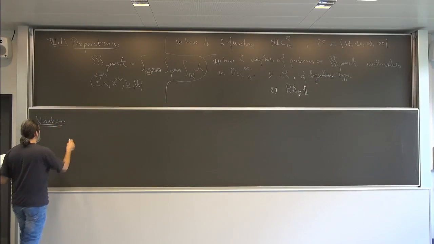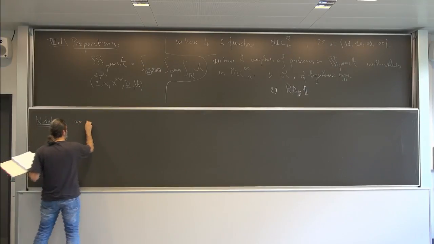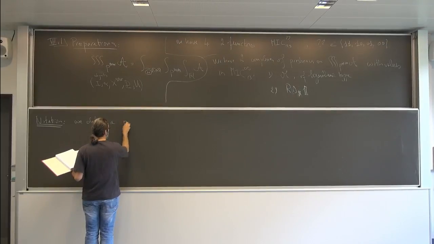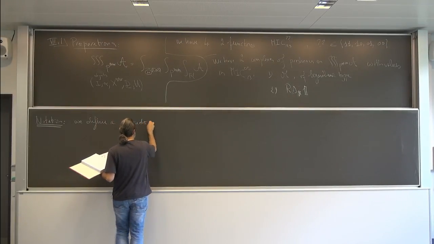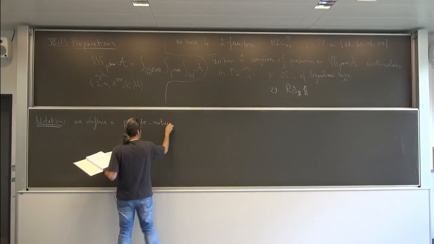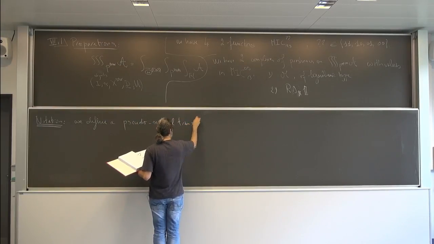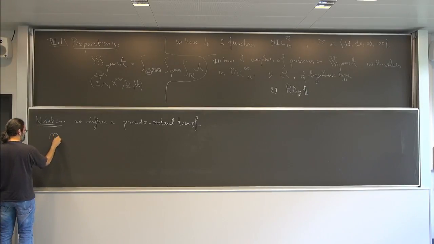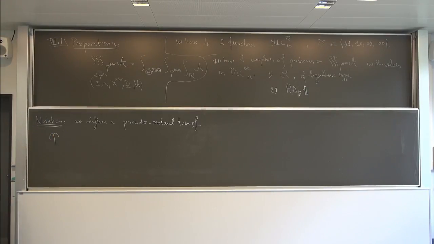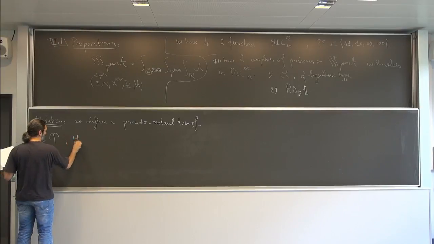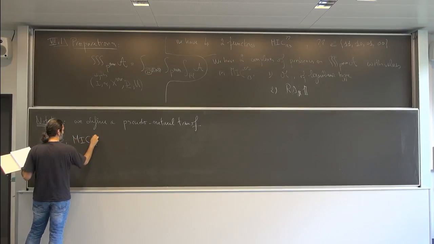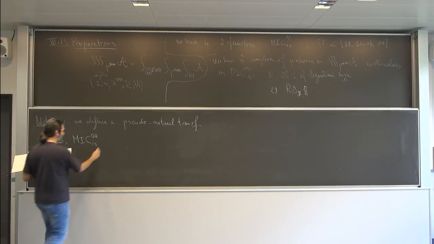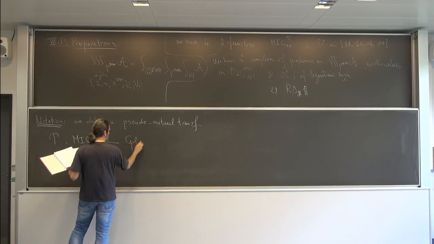So we define a pseudo-natural transformation. This epsilon goes from 0, 0, two complexes or vector spaces.